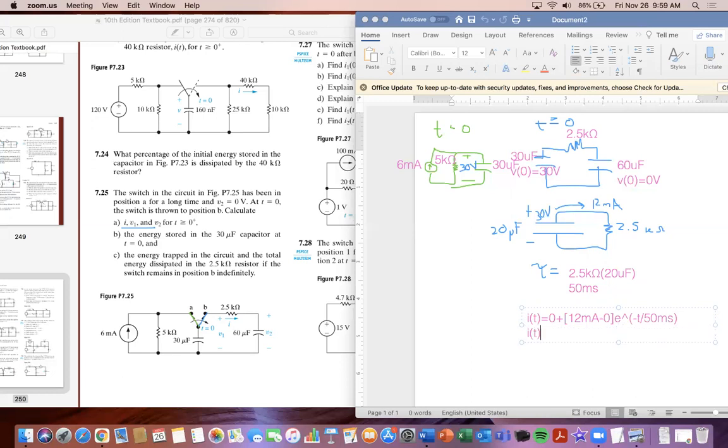So I of t is going to equal 12 e to the negative 1 divided by 50 milliseconds, that's 20 t, in milliamps, for t greater than or equal to 0. Okay, so that's what we got for the current, which is good. We're able to determine that value.